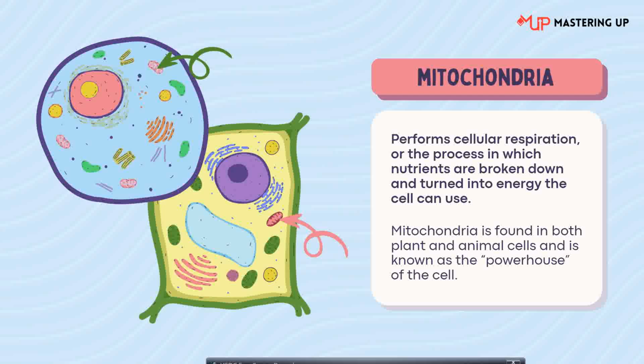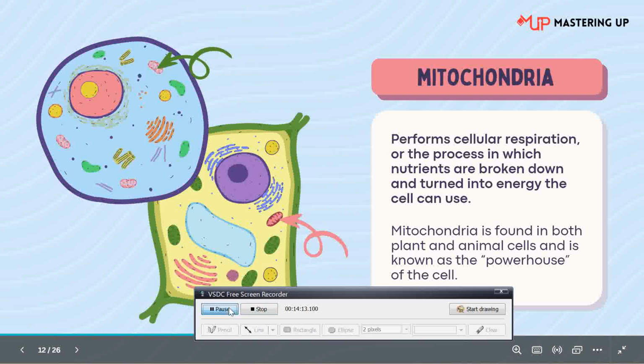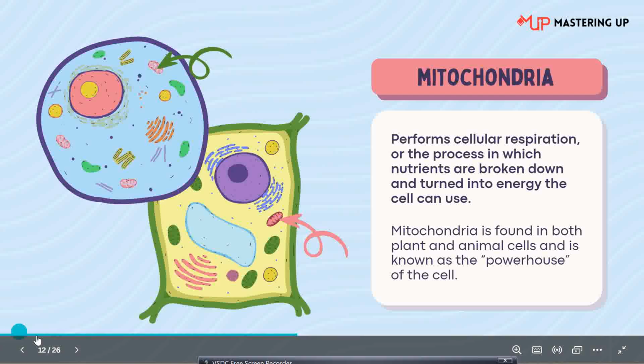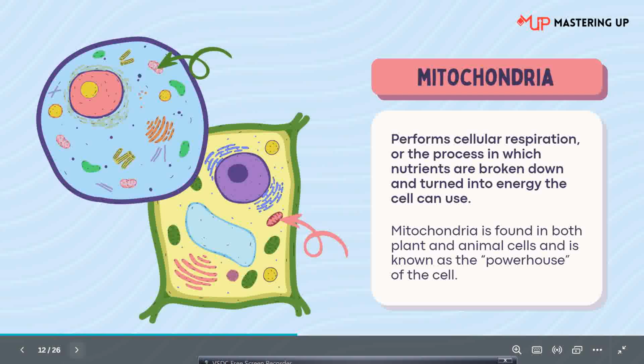And also note that mitochondria can be called a semi-autonomous cell organelle because they also have genetic material in it. Okay, so mitochondria and chloroplast, these two are called semi-autonomous organelles because they have their own genetic material and they are capable of synthesizing proteins required for their function.